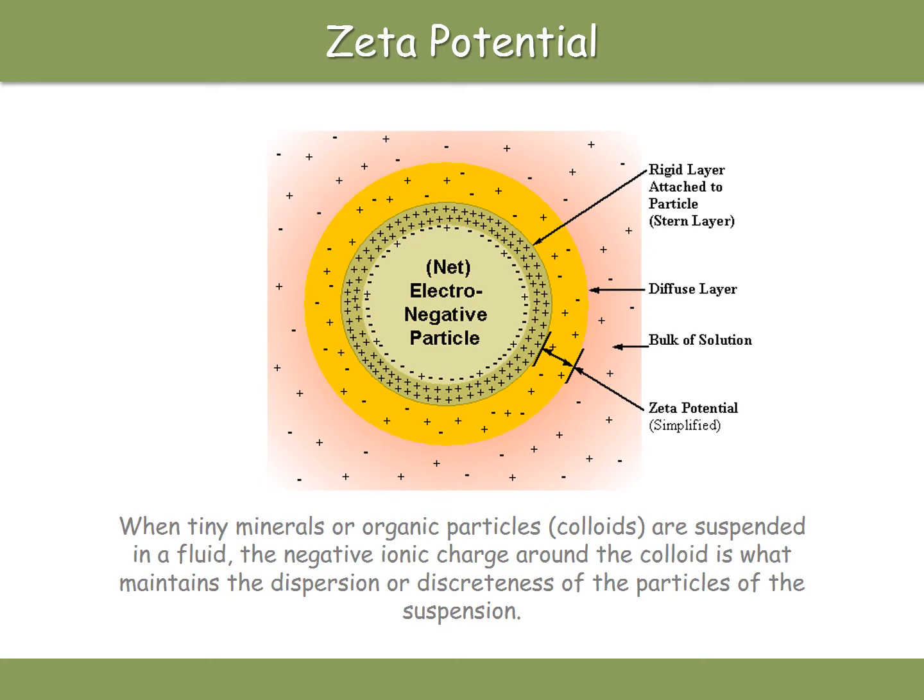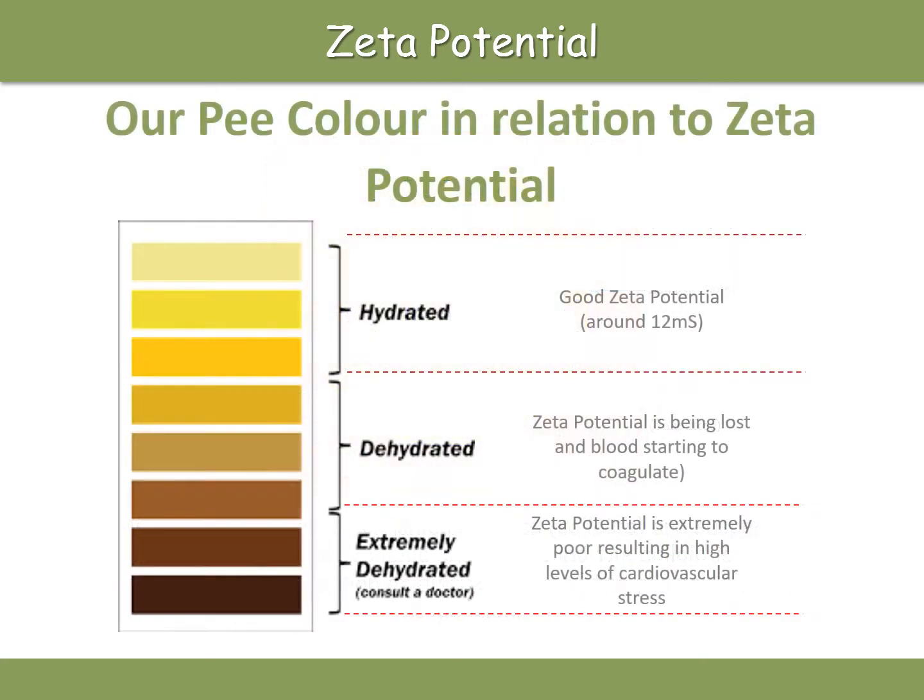As long as we've got enough anions to fill those gaps and build that diffuse layer, we attract more anions on the outer edge of the diffuse layer, and that's what creates this repulsion. If we don't have enough anions, we're going to get clumping because we don't have the right charges. But you can read about that in a little more detail in the book.